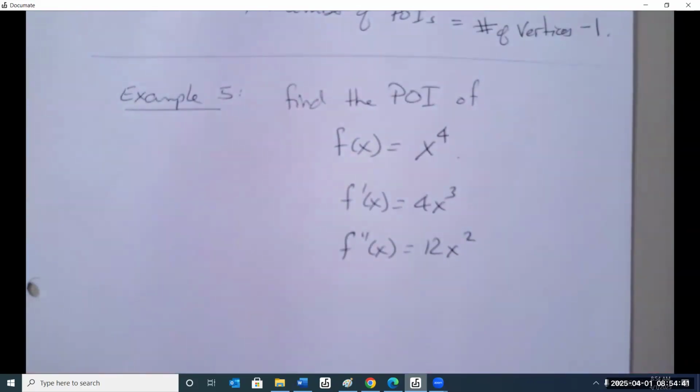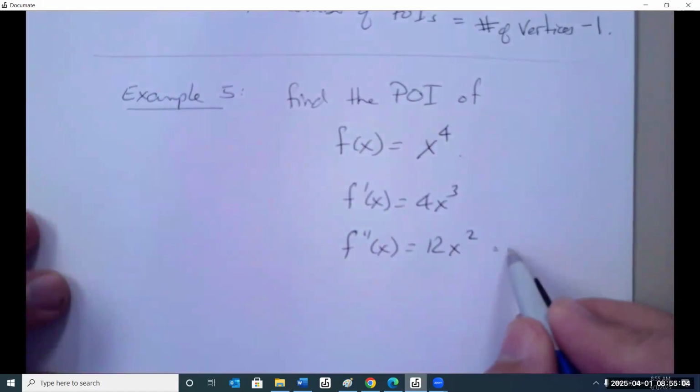So the second derivative is equal to 12x squared. So in other words, that tells me it's going to be positive everywhere. Can't ever be negative? No, because it's squared. Any x you put in there, you square it because it's positive.